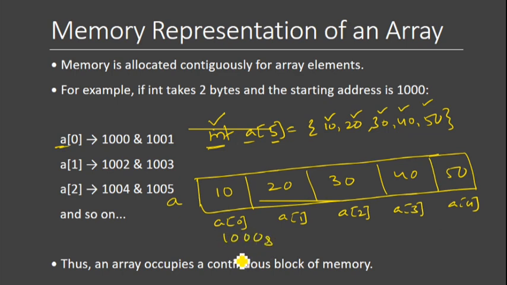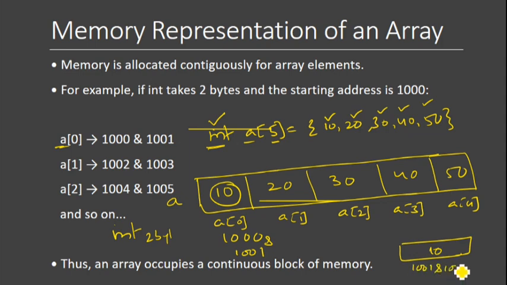Automatically 1000 and 1001 will be allocated to store the value 10, because it's an integer data type, so 2 bytes will be allocated. Each value takes a total of 16 bits, that is 2 bytes, so a[0] takes 16 bits.